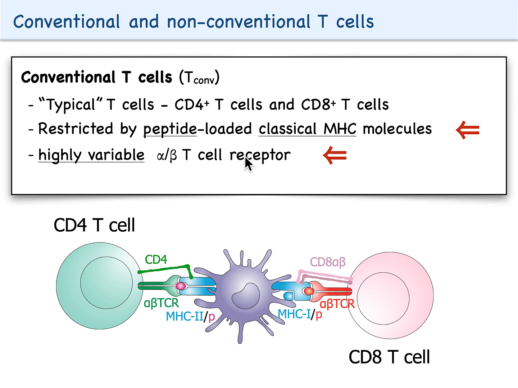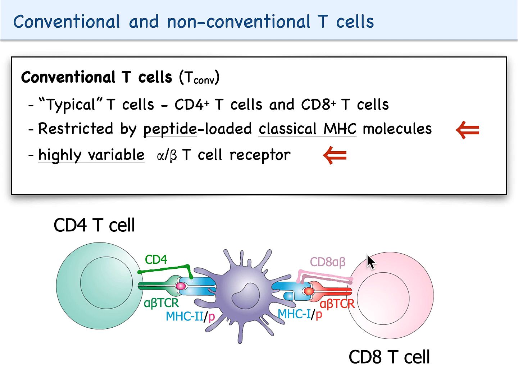The T cell receptor these T cells bear is highly variable, and it is characterized by an alpha and a beta chain. So here you have a dendritic cell in the middle that is presenting either MHC class II molecules loaded with a peptide, or MHC class I molecules loaded with a different peptide. The MHC class II peptide complexes are recognized by CD4 T cells via the alpha-beta T cell receptor and the CD4 co-receptor binding to MHC class II.